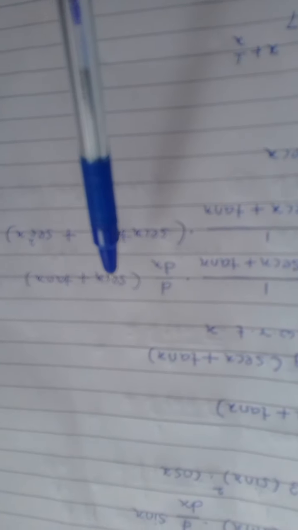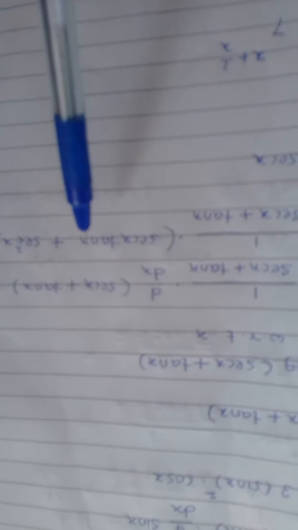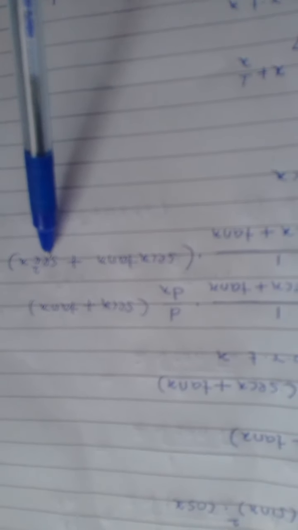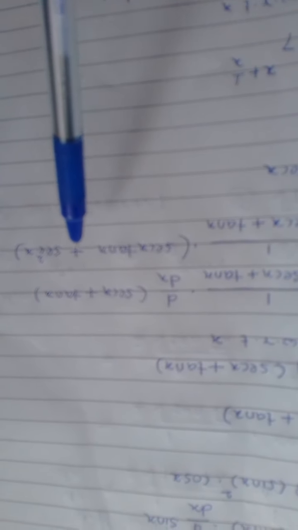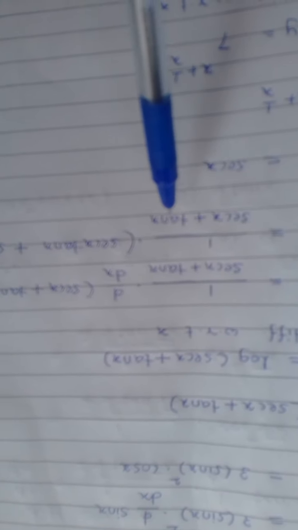Therefore 1 upon (sec x plus tan x) into the derivative of sec x, which is sec x into tan x, plus the derivative of tan x, which is sec square x. Now after simplification, if you take sec x common here, then (sec x plus tan x) will remain. Sec x plus tan x and sec x plus tan x get cancelled, and only sec x will be your final simplification. Meaning the derivative of log of (sec x plus tan x) is sec x here.